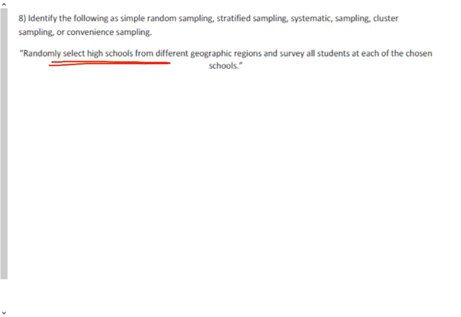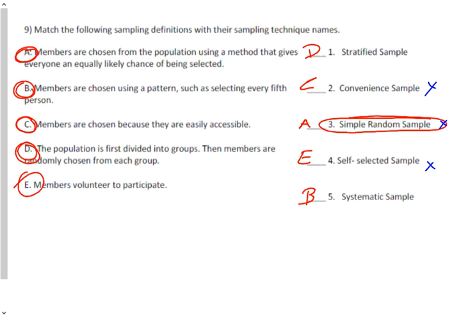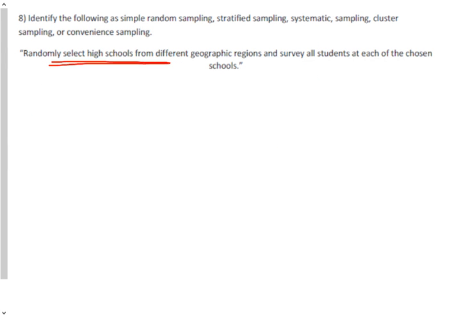Let's look at our different definition. Yeah. Our definition of stratified is that the population is first divided into groups and then chosen randomly from each group. So I might argue that because I'm surveying all students in each group, that that's not it.